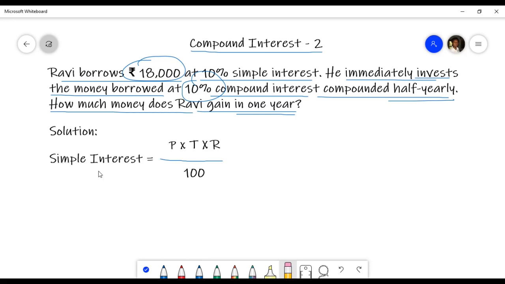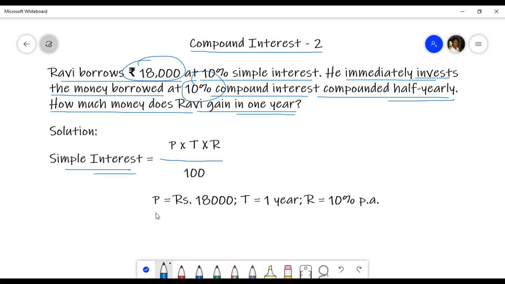You know the formula to find simple interest: PTR by 100, principal into time into rate by 100. So let us find the simple interest, because Ravi borrows rupees 18,000 at 10% simple interest, right? Here principal is rupees 18,000, time is 1 year, and rate is 10%.